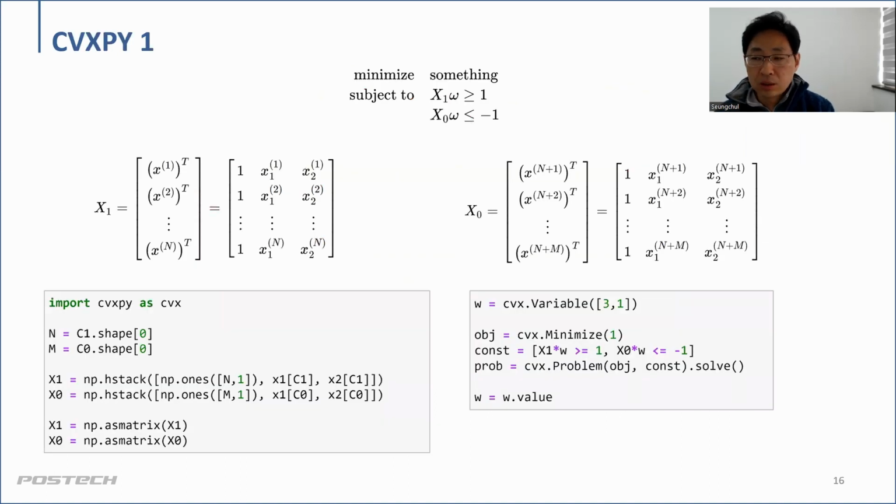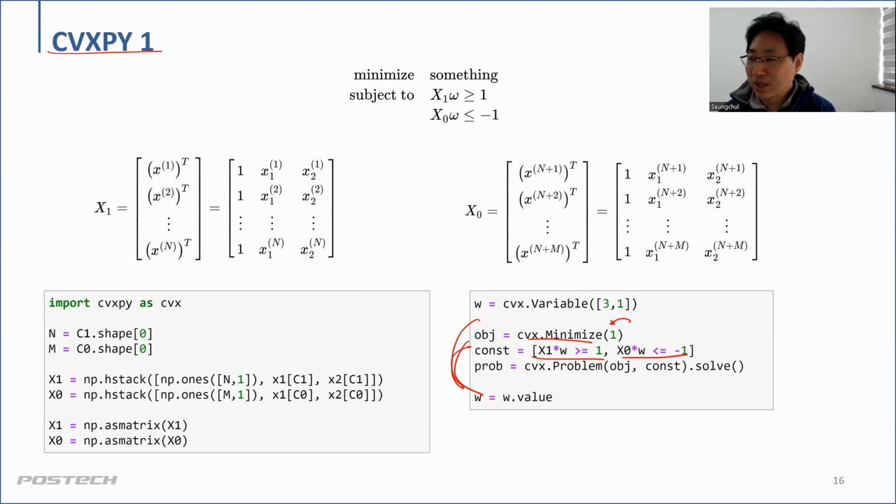So for the optimization problem, the first thing to think about is convex optimization, so we can implement it. These are the conditions. We want to minimize something because we don't have any objective function, so I just put one because I have to put something.